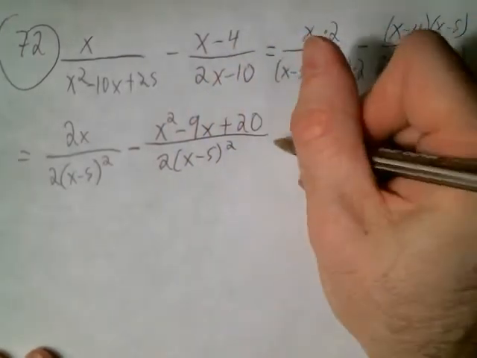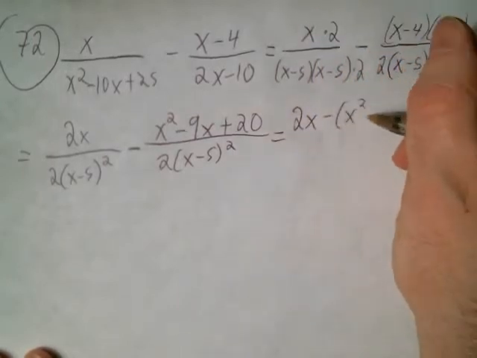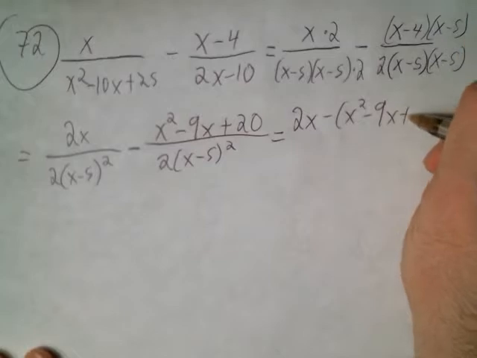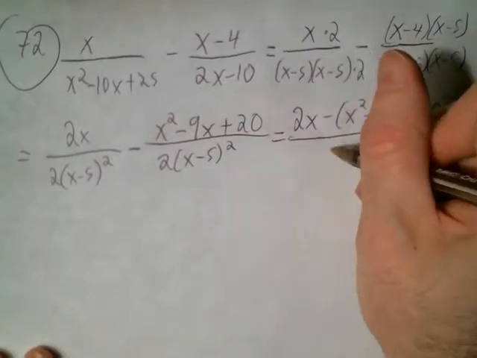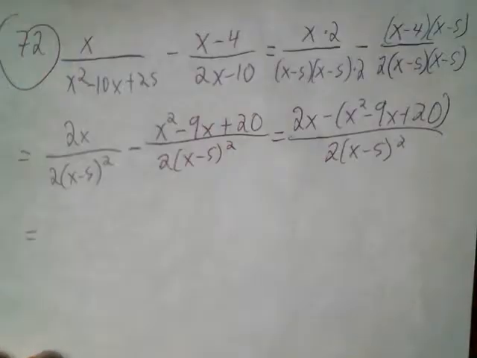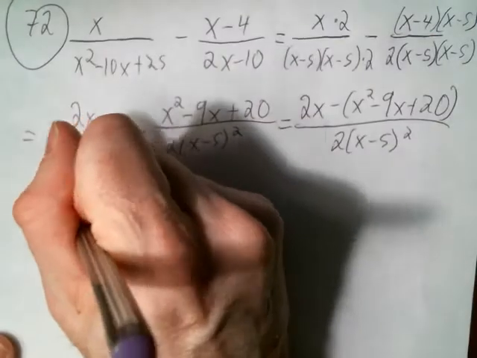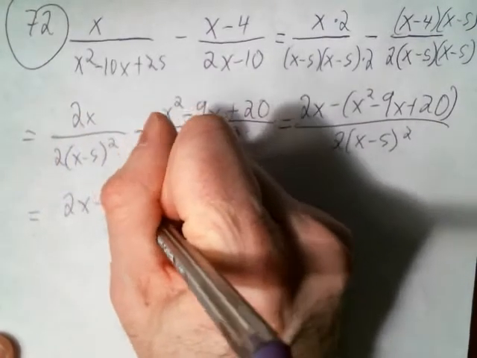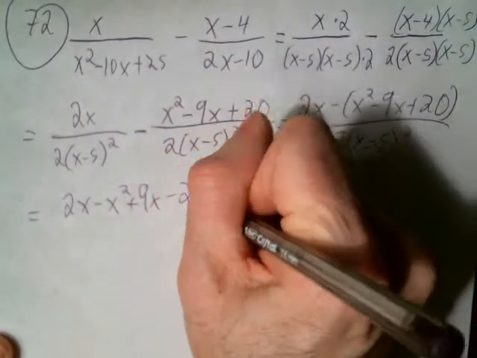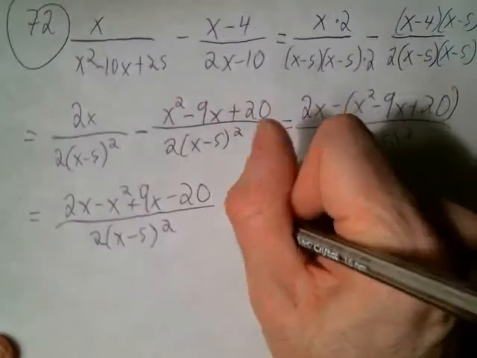And I have to subtract the numerators over the common denominator. Indicate that with a parentheses. Distribute that minus in, so I get 2x minus x squared plus 9x minus 20 all over 2 times x minus 5 squared.